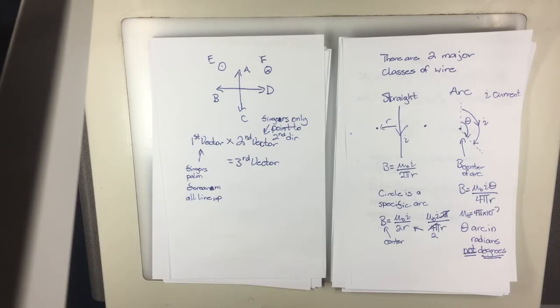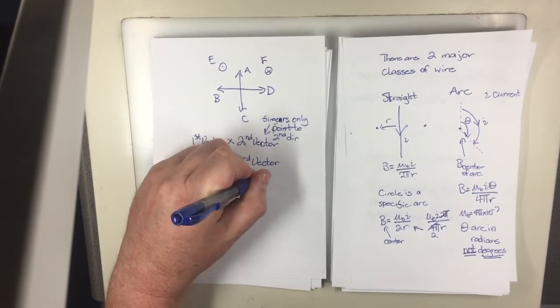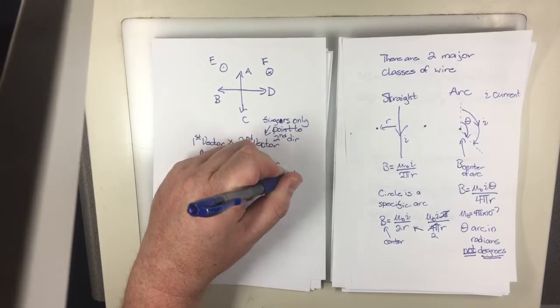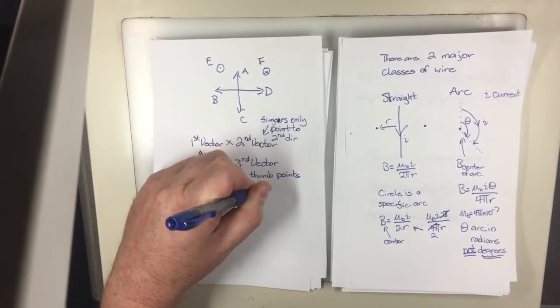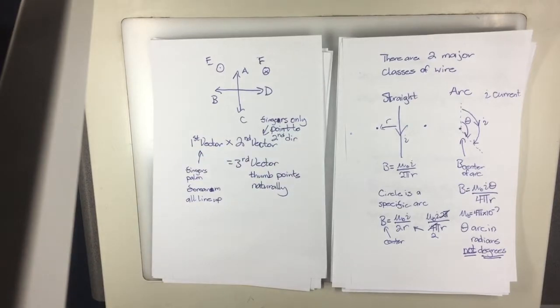The third vector: the thumb points naturally in the direction of the third vector. A is towards the ceiling, B is towards the wall furthest from the entrance door, which means the thumb points towards the back of the room.